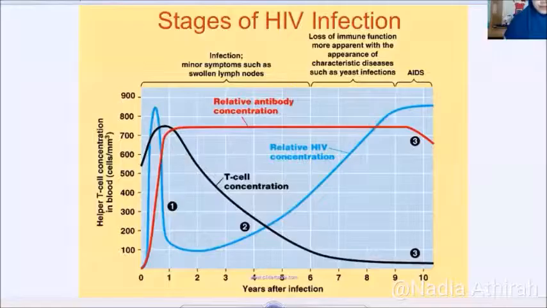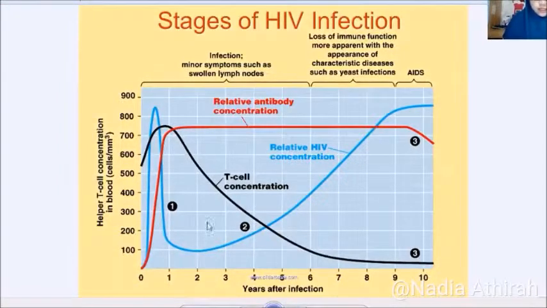Also, this is one of the pictures that I would like to share. As you can see here, during the first stage, the CD4 concentration is higher and it starts to decrease at the second stage, and it is lower during the last stage, which is AIDS.